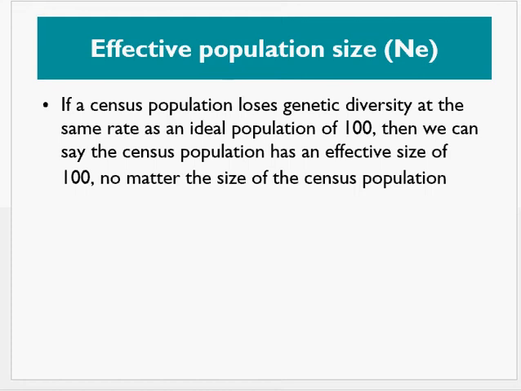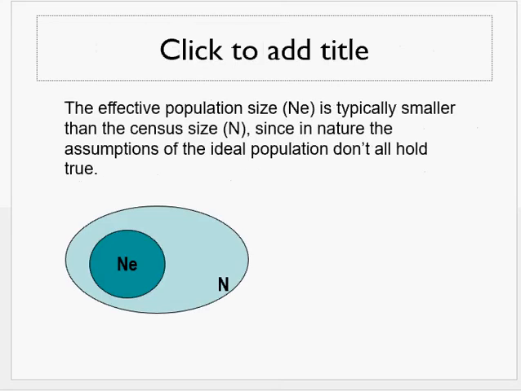So we cannot just take the census population, or just counting the number of individuals of a species within a population, as being the effective population size. All too often, the effective population size, Ne, is smaller than the overall population size.